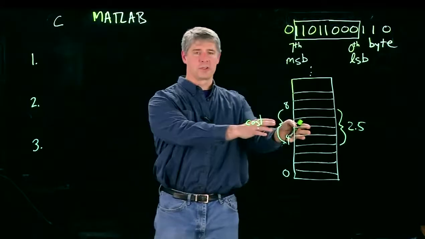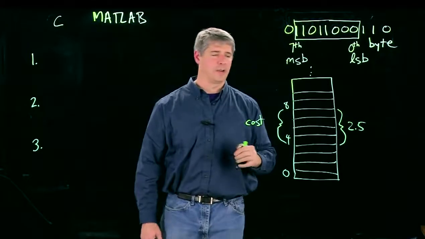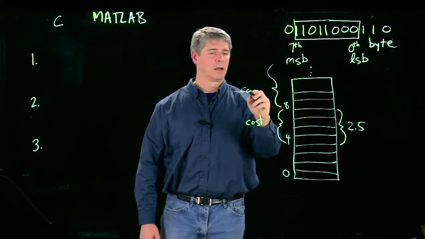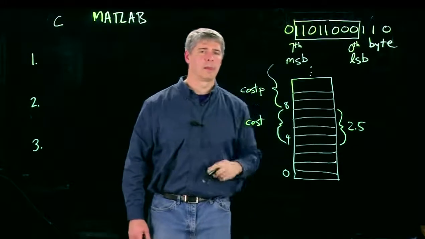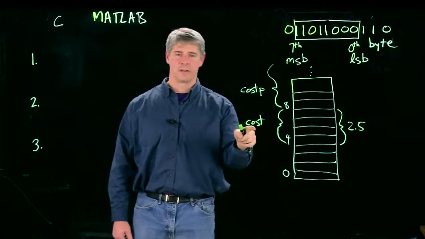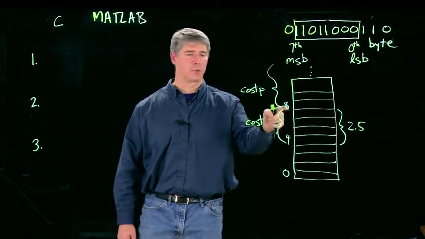OK, so we have one variable sitting in memory here. It's taking 4 bytes. It's called cost. We can also define another variable. I'm going to call it cost p. And the job of cost p is to hold the address of cost. We see that cost here occupies addresses 4 to 7.